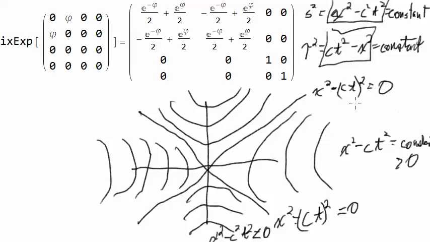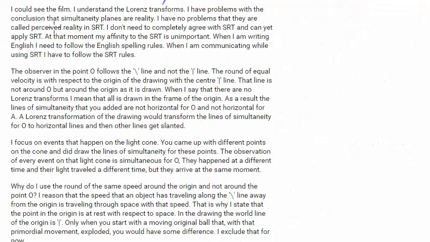So let's go back to Paul's comment with the conclusion that simultaneity planes are reality. And he has no problem that they are called perceived reality in SRT. He does not completely agree with SRT, but yet he can apply SRT. So at the moment, his affinity to the SRT is unimportant.